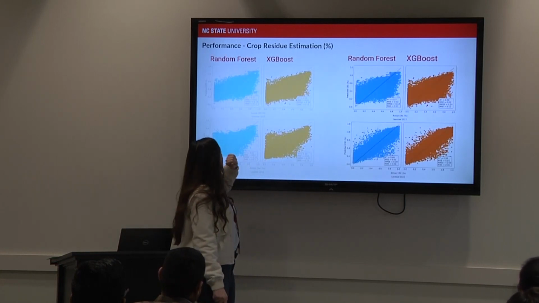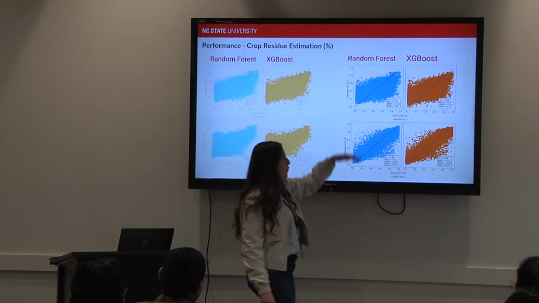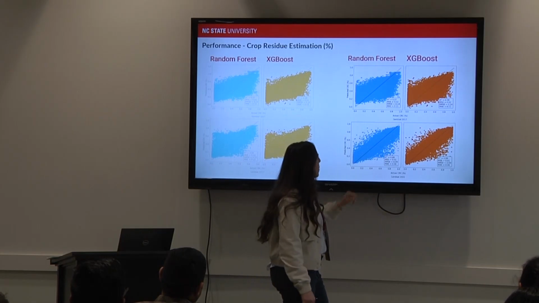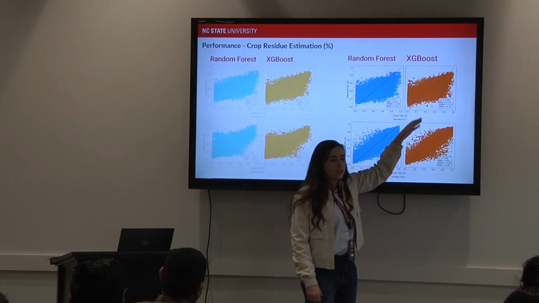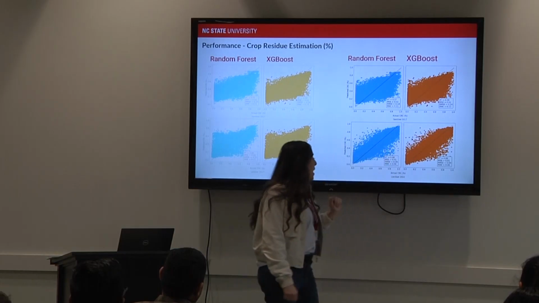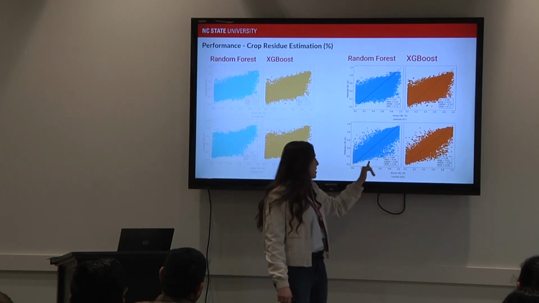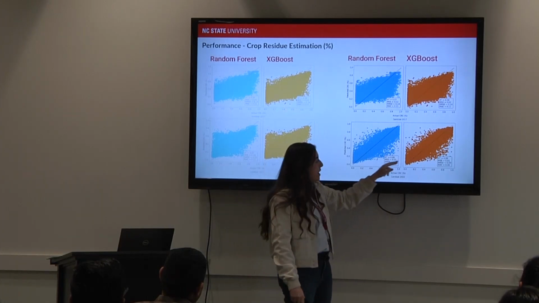That's for Sentinel data. And now for Landsat imagery, we get the same type of accuracy, 57 and 59. For Landsat in 2022, with no wetness in the image, we got 88 and 88%.